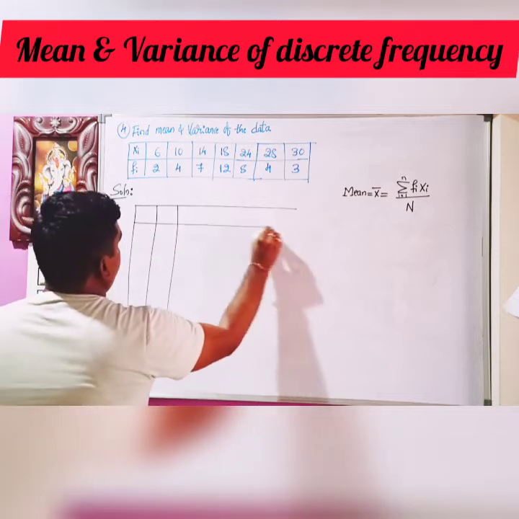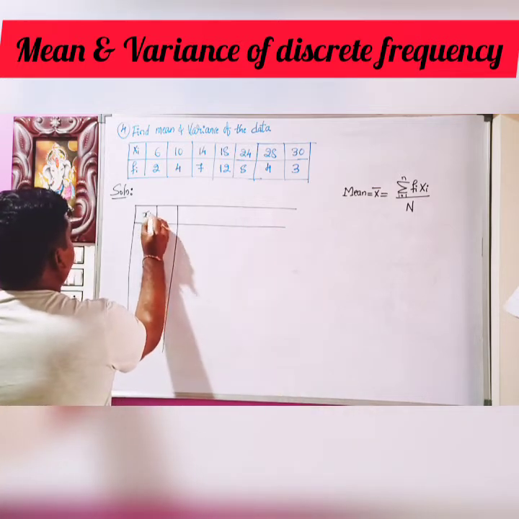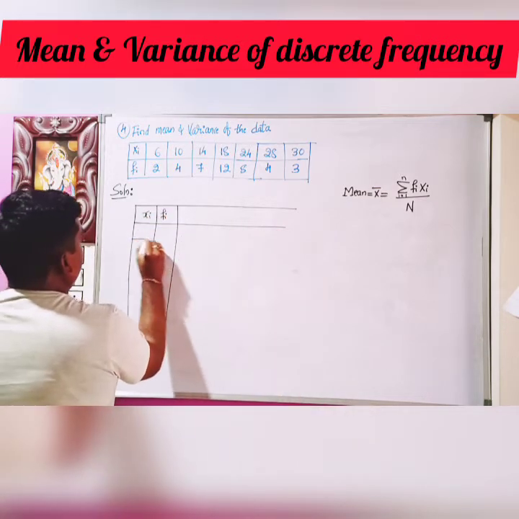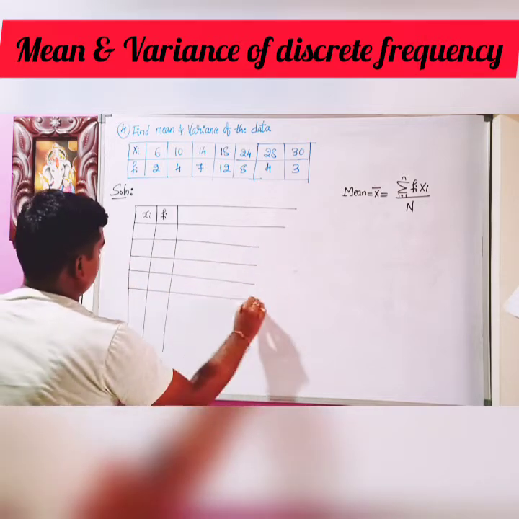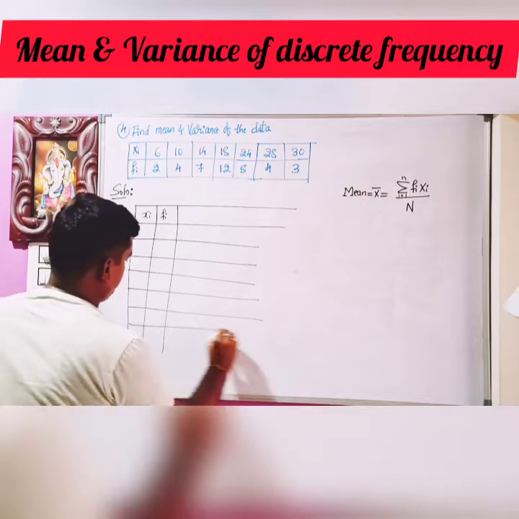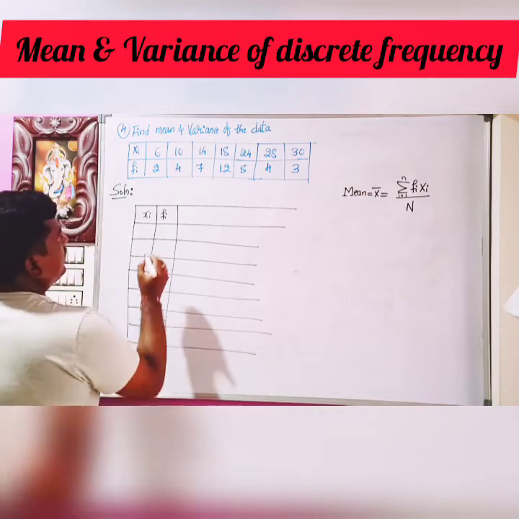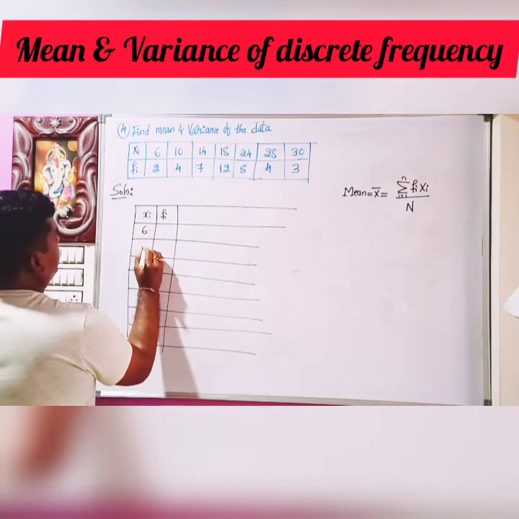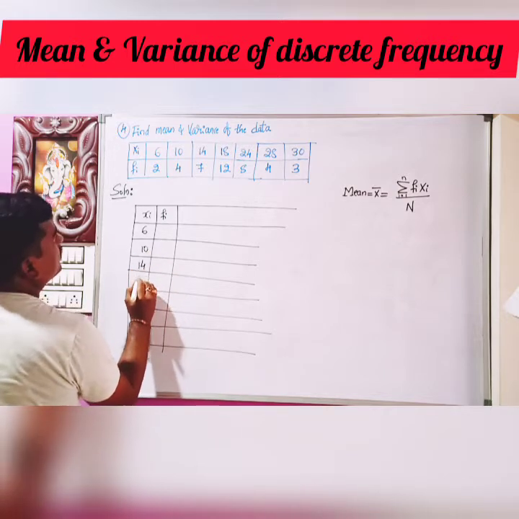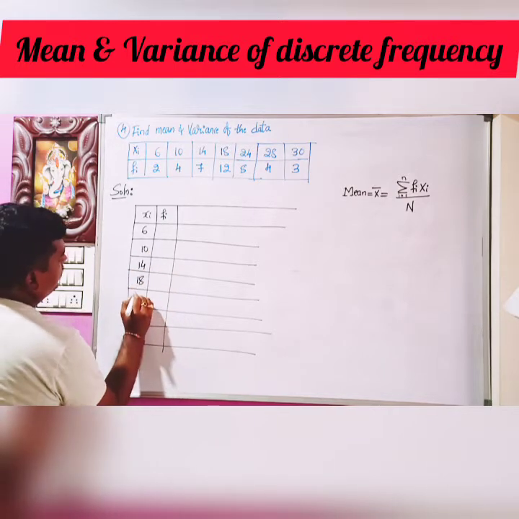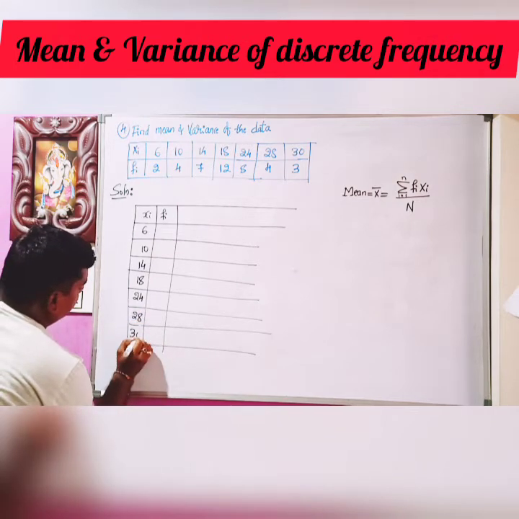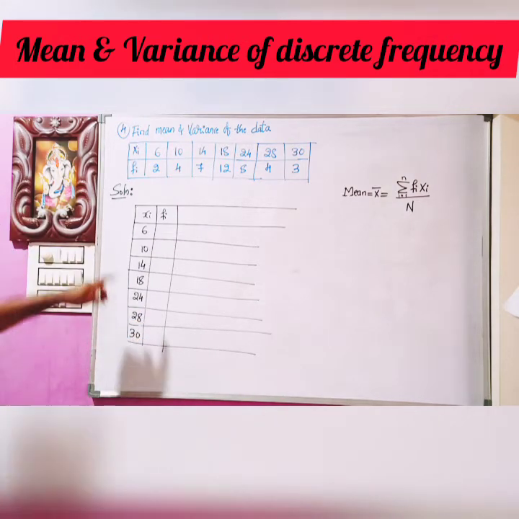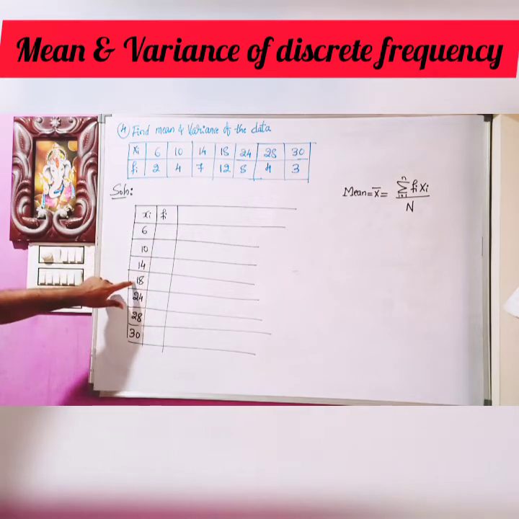This is xi and this is fi. xi values are 6, 10, 14, 18, 24, 28, 30.